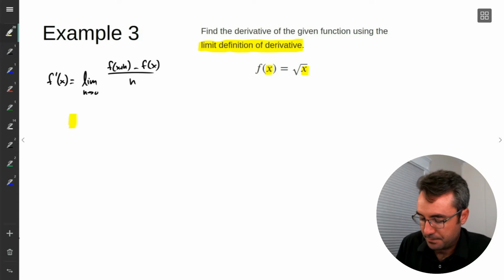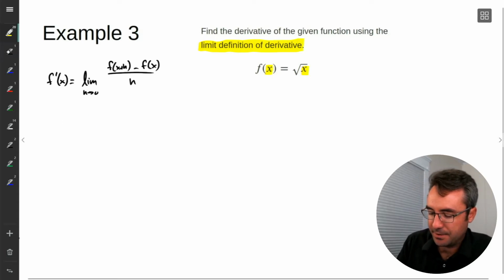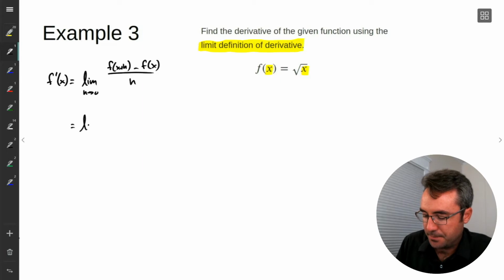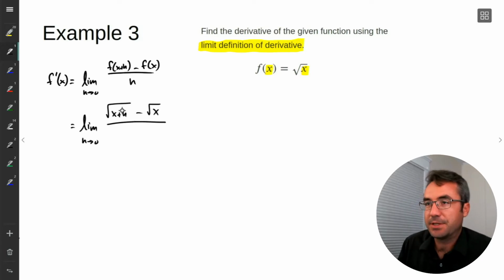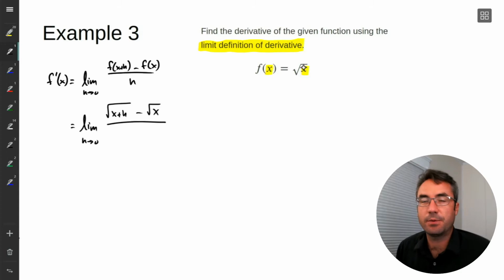So let's fill that in. Square root x plus h minus square root x. So that's square root x plus h, what we get when we plug x plus h into the square root function. And then f of x, that's just the original function, so just square root x. And this is all over h.